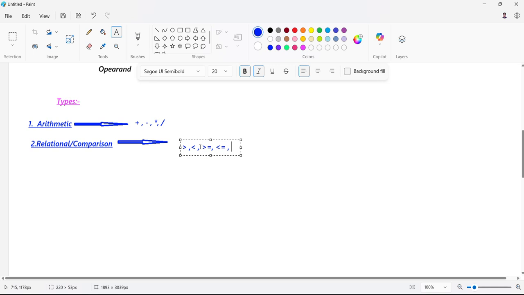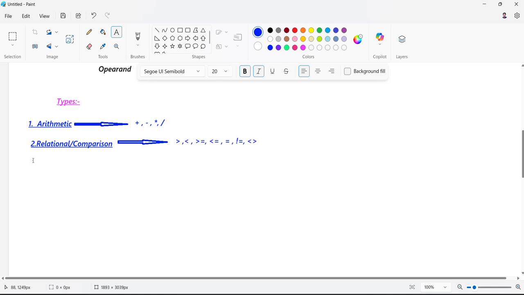Then equals, then not equals, then equals can also be represented like this also. These are the important operators that belong to comparison operator.